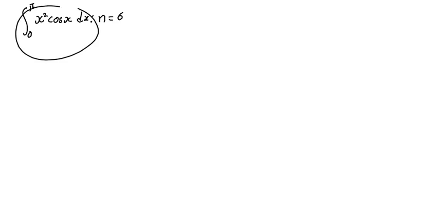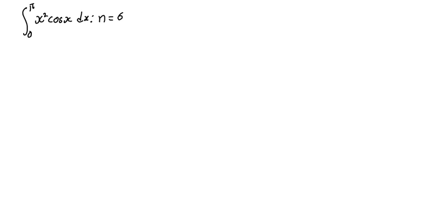So we have this function from 0 to pi, x squared cos x dx, and another piece of information we are given is that n is equal to 6. Before I do everything else, I would want to find the exact value for this.